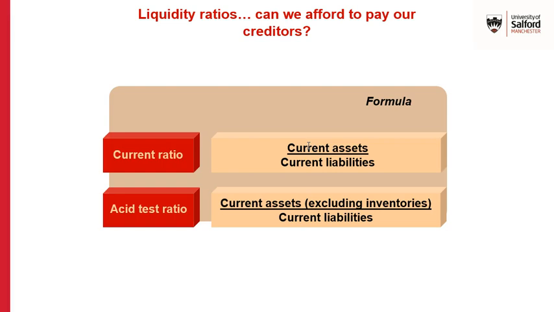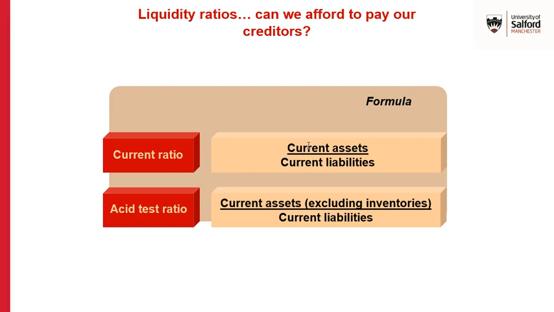So there are a number of reasons why it can go up and down. It may be that our debtors are suddenly taking much longer to pay. It may be that we're taking much longer to pay our current liabilities. So in that case, both those figures would start to rise. Our current liabilities would be going up because we're not paying them, so they're mounting up and up.